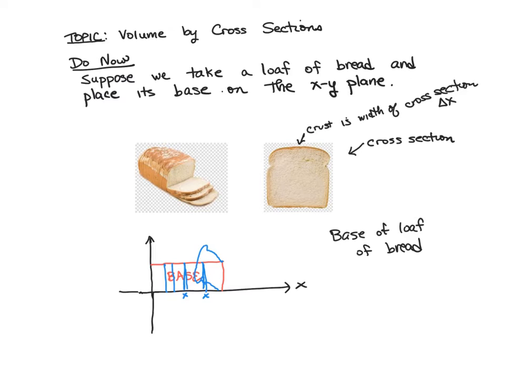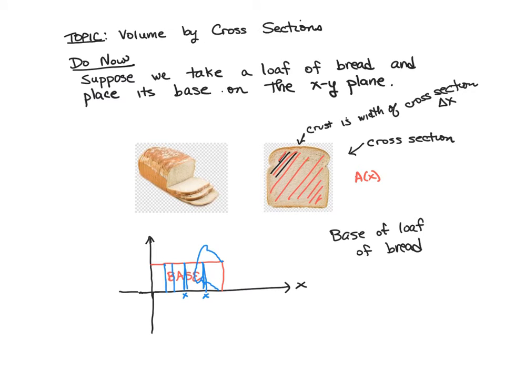So the theme here is that if we call the area of this region, the white part of the bread that's facing us, A of x, we're going to sum up the areas of all of these cross sections from x equals a to x equals b.